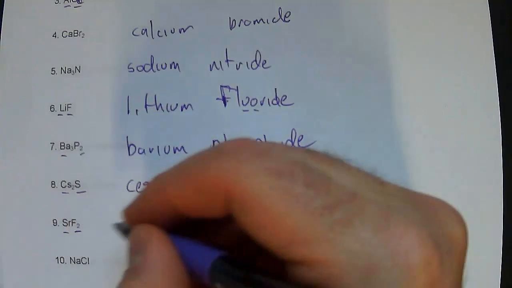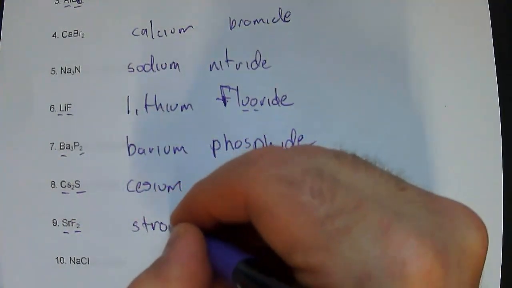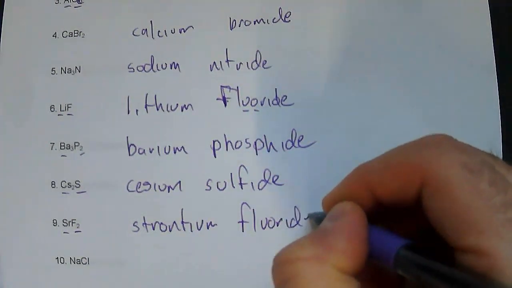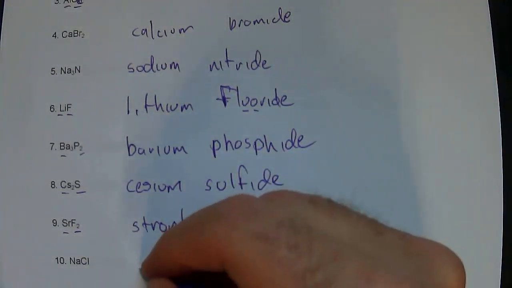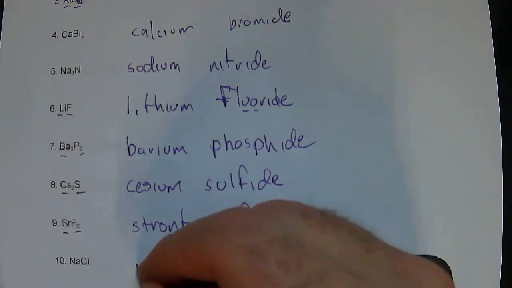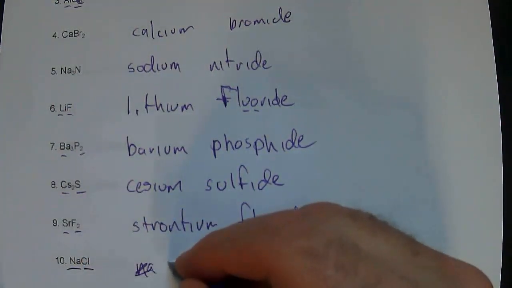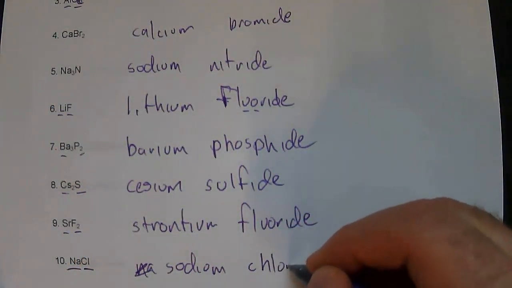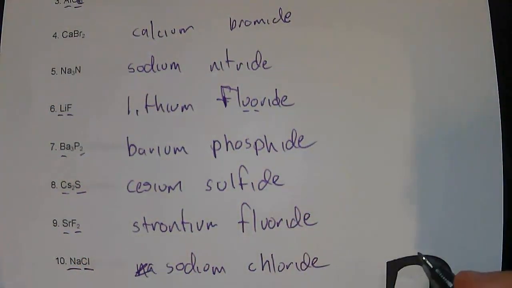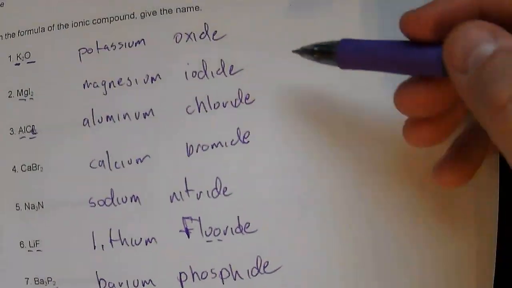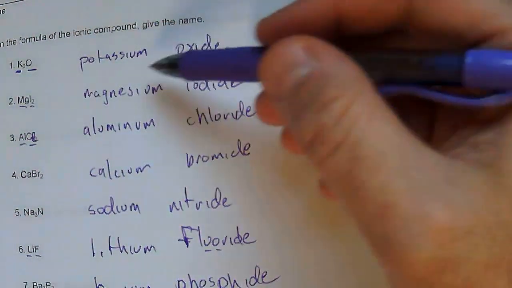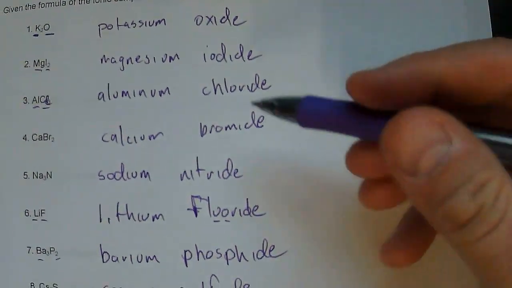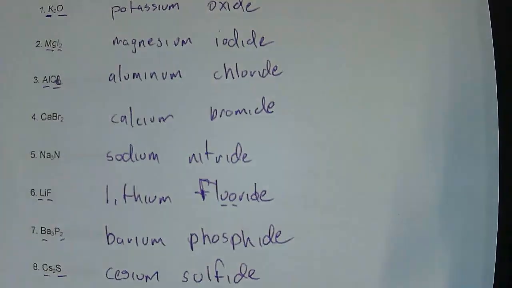And this is SrF2, which is strontium fluoride. And then we have NaCl, which is sodium chloride. Okay? And notice on each of these, the elements are not capitalized. I'm not going to mark it wrong if you don't, but it's just good chemistry procedure not to capitalize elements.